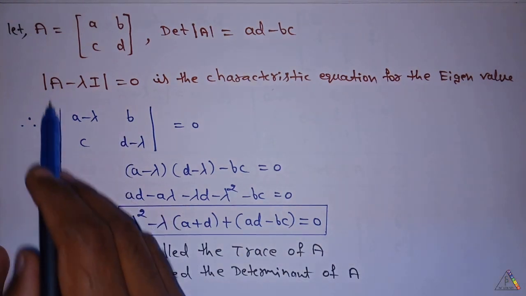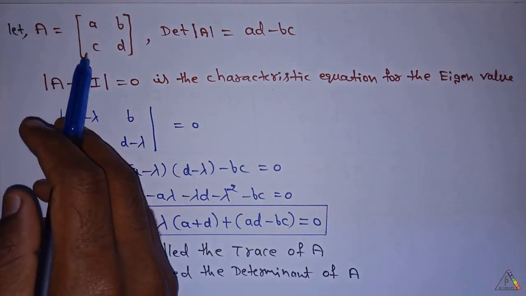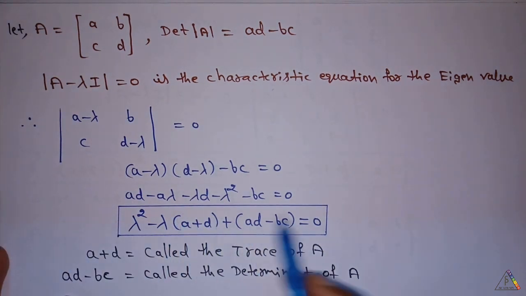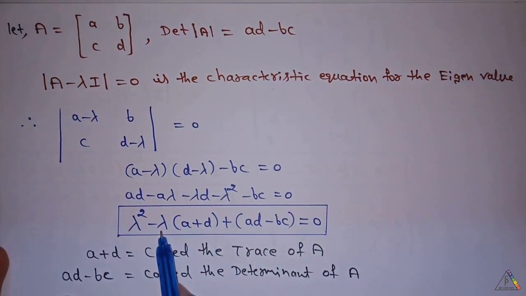By finding the determinant of this characteristic equation for this matrix, we get the eigenvalue equation as lambda square minus lambda into (A plus D) plus (AD minus BC) equals 0. This is the eigenvalue equation for any general 2 cross 2 matrix.